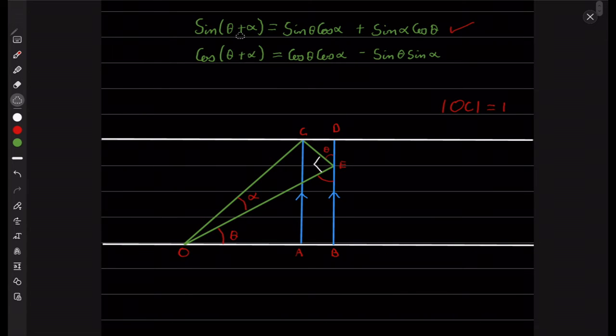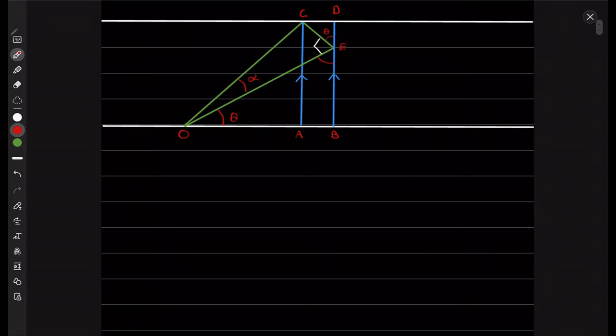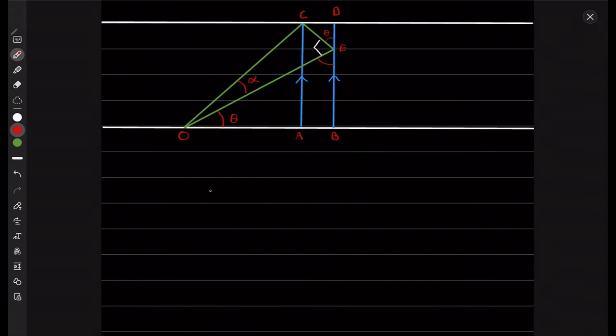So we've proved this, and we can now move on to proving this one. So we can start by saying that cos theta plus alpha is equal to the adjacent of theta plus alpha, which will be equal to OA.